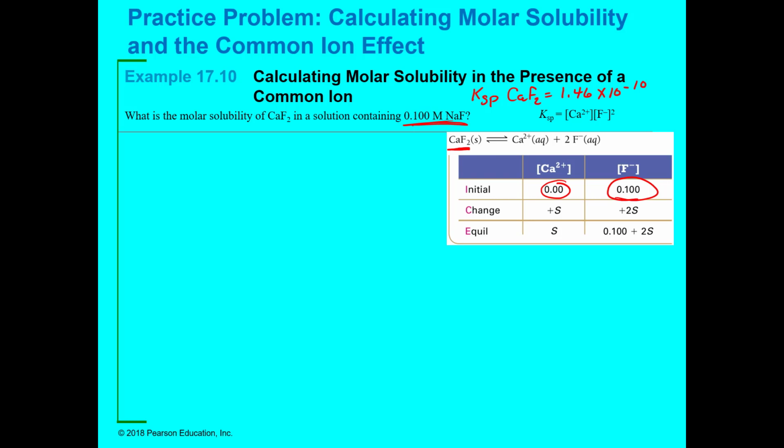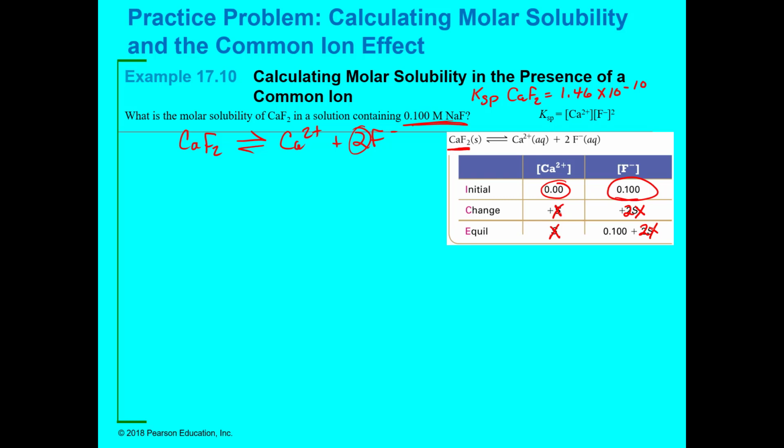I'm adding a little bit of that, and I'm going to write this out so we can see. That's what it looks like when it forms ions, so it's plus X and plus 2X, because I have a 2 there. And so I end up with X and 0.1 plus 2X.